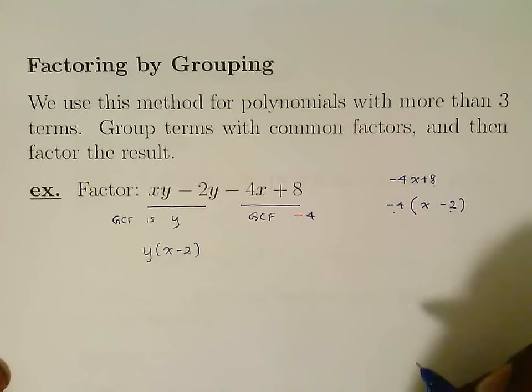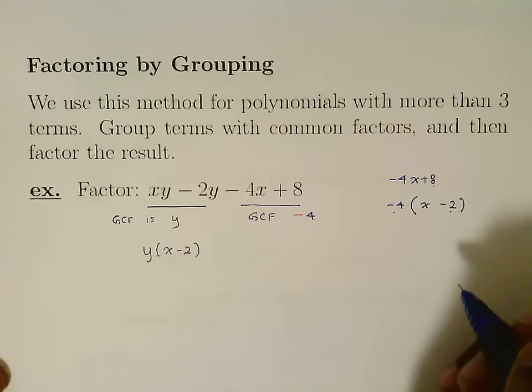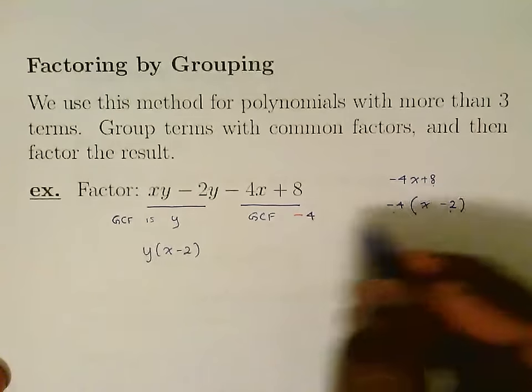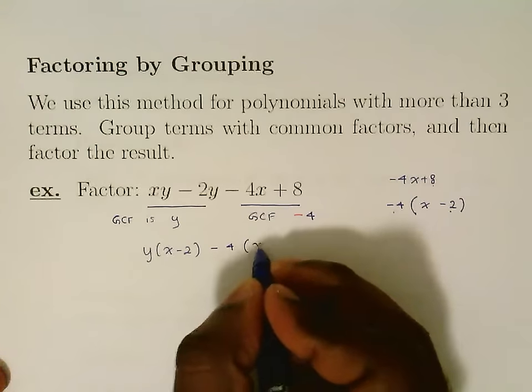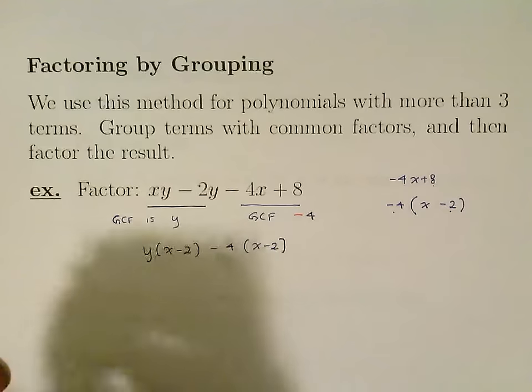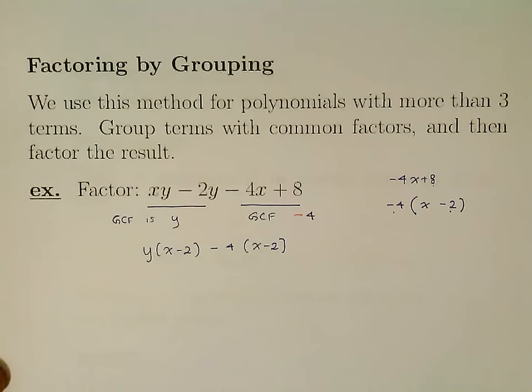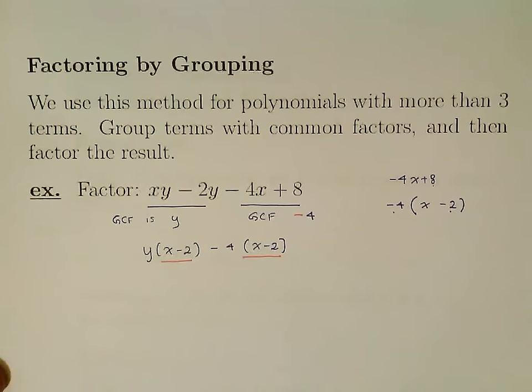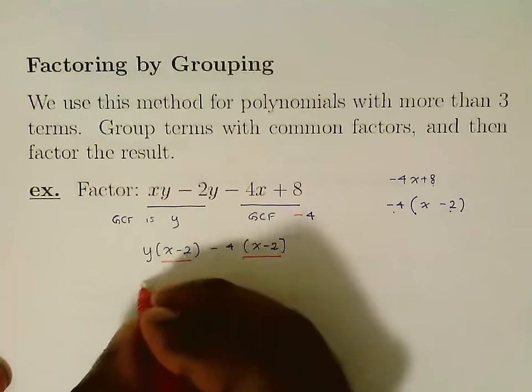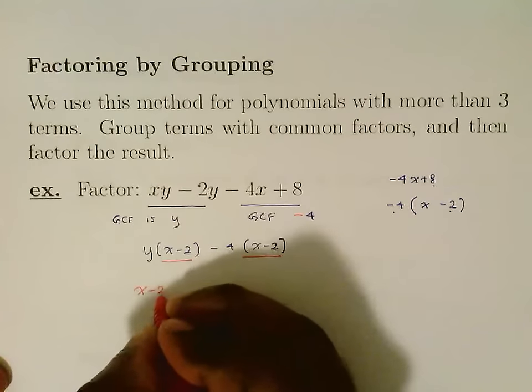So the reason I took this negative, because you will see when you write it down, minus 4 times x minus 2. Now you can clearly see that we have one more common factor. So how do you factor using common factors? You take it out. So you write it on the outside.